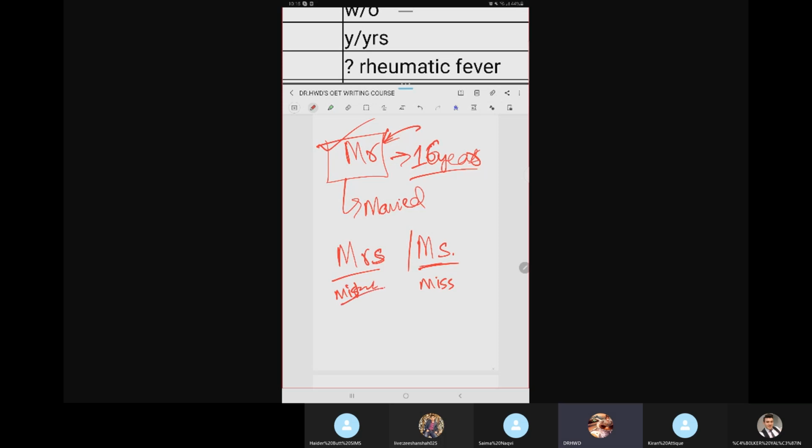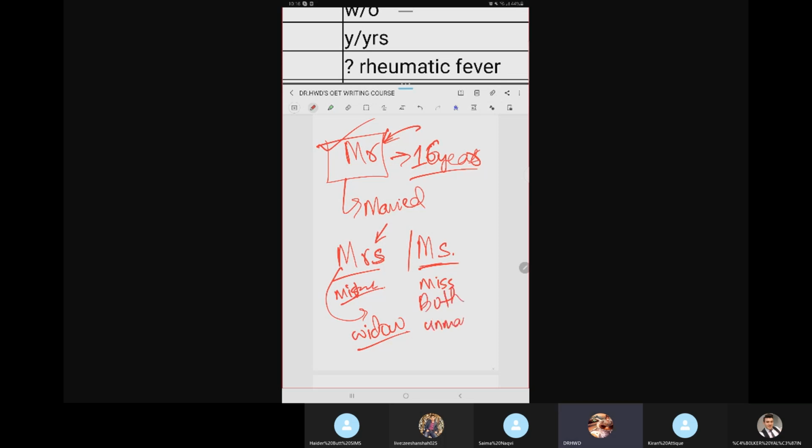Okay. So when a woman is married, right, including a widow, she's married or she's a widow, she's going to be called Mrs. All right. When she's married or she's a widow, she'd be called Mrs. She'll be called Miss if she's unmarried.